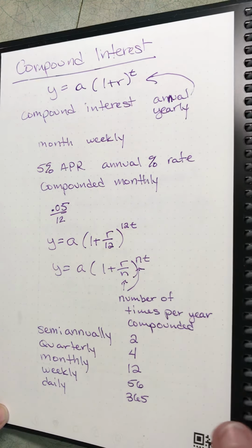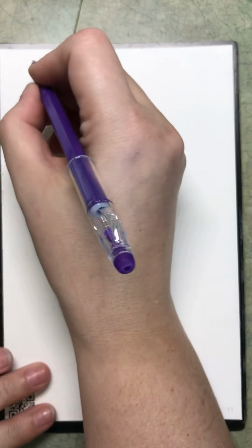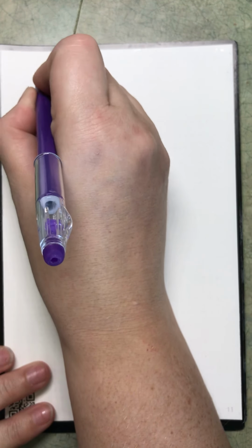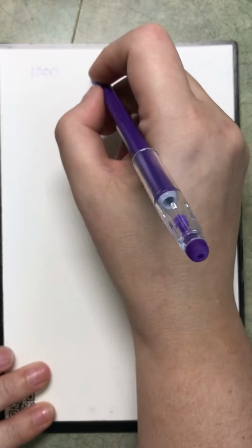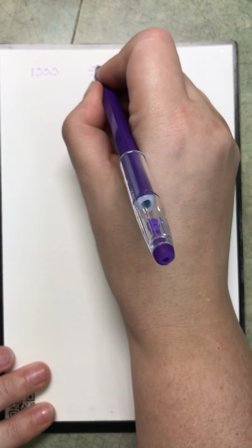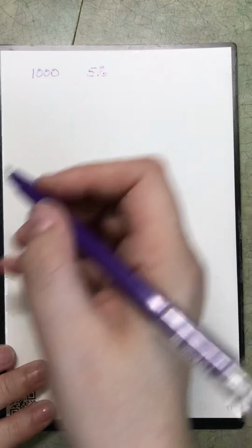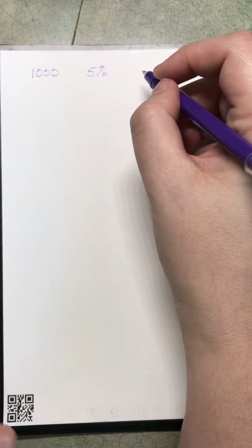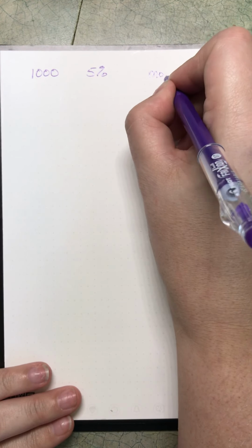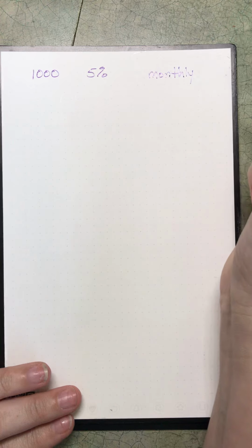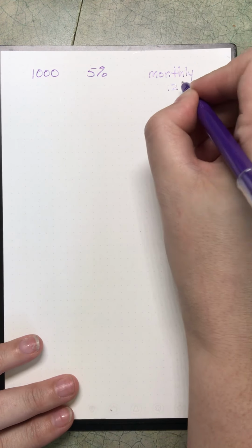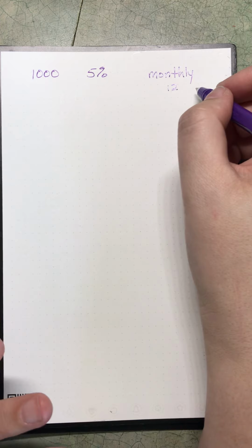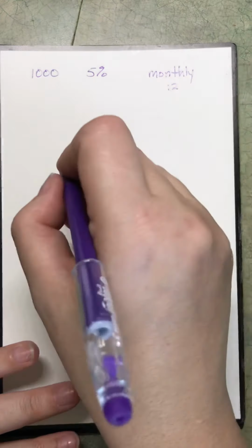So let's do an example. Let's say that I go back to that same situation in my last one. So I have my $1,000 and I am going to invest it at 5%. And before, it was compounded once a year. Well, now let's say it's compounded monthly. So again, there are 12 months in a year, right? January, February, March, 12 months in a year.